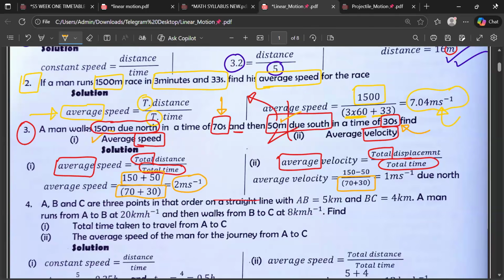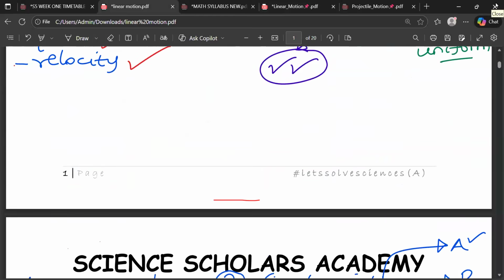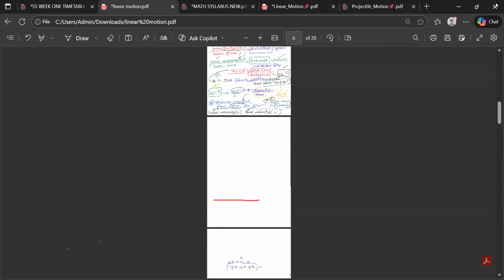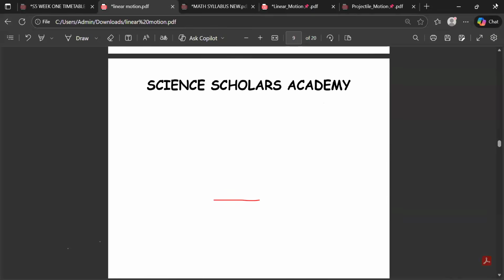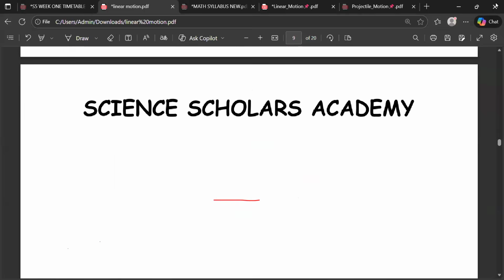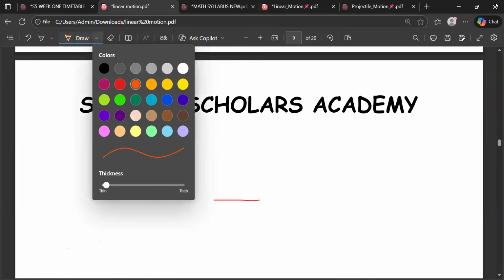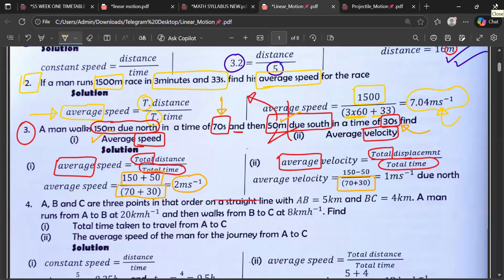But then there is something very weird here, the thing of displacement. I don't know if you people are going to get it, but please force yourself to get it. You have no option. This is just linear motion. You look at that question. They are saying 150 meters due north.